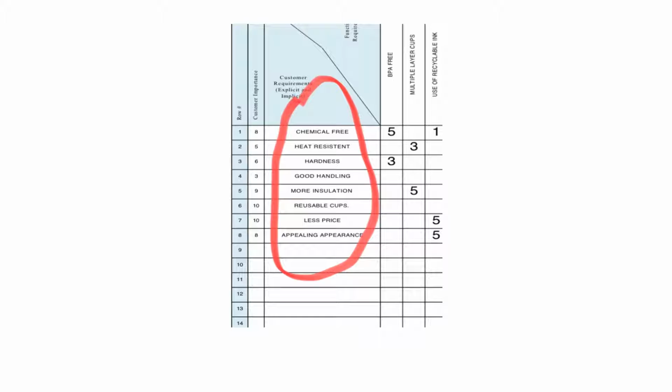So let's talk about the first requirement, that is chemical free. As we all know, while manufacturing coffee cups, some solutions are used to stick the paper together to form the shape of a cup.